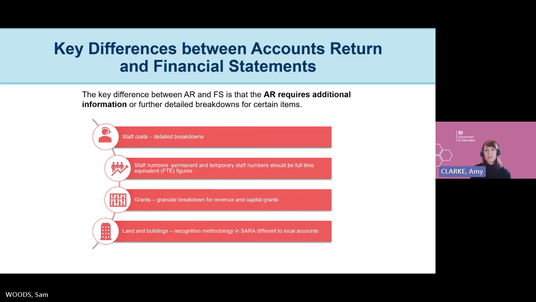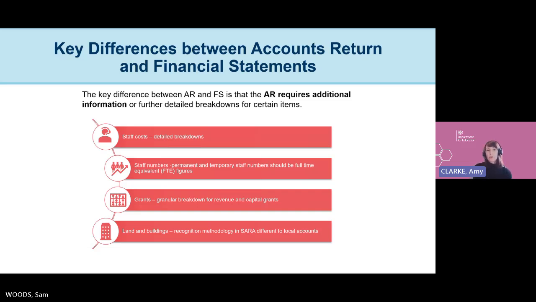There are key differences between the accounts return and the financial statements. As previously stated, the data within the accounts return helps to produce the SARA, and the SARA is prepared according to IFRS, whereas financial statements are prepared according to the Charities Statement of Recommended Practice under FRS 102. Because they use different reporting frameworks, there are some areas where the accounts return requires additional information or more detail.